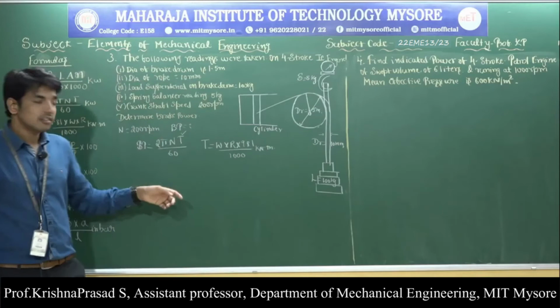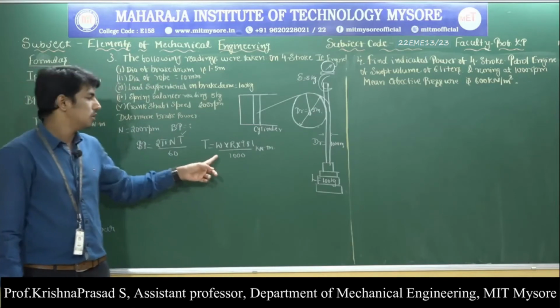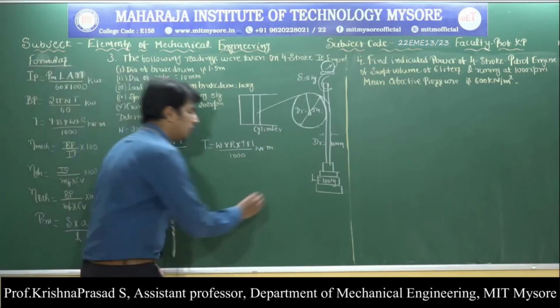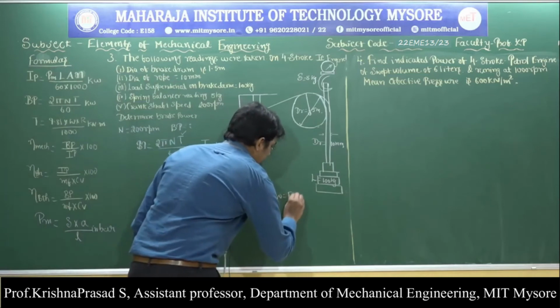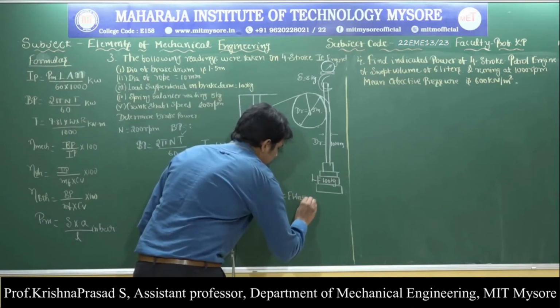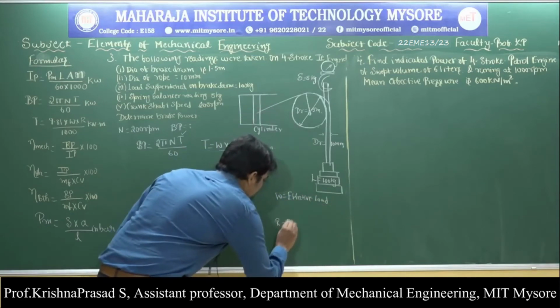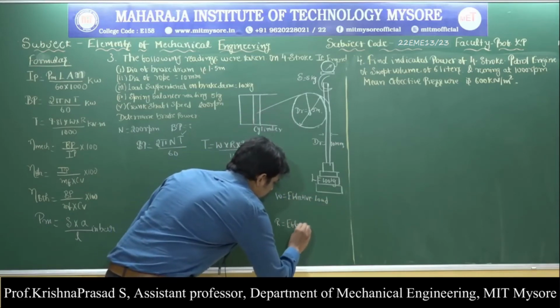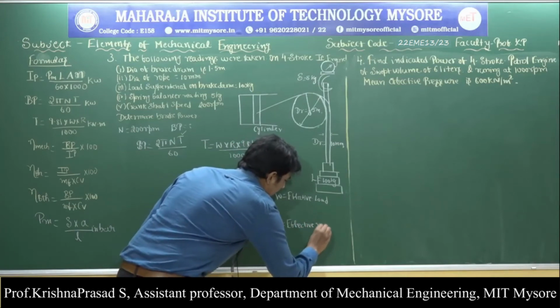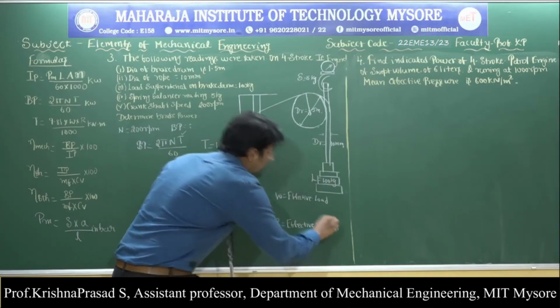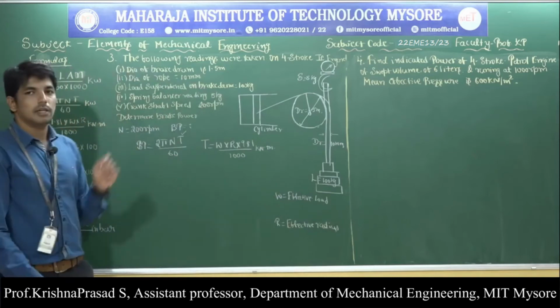But for the torque calculation, I need to know what W is. The W is called effective load, and R is called effective radius.